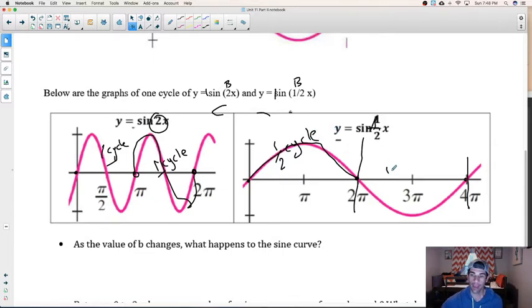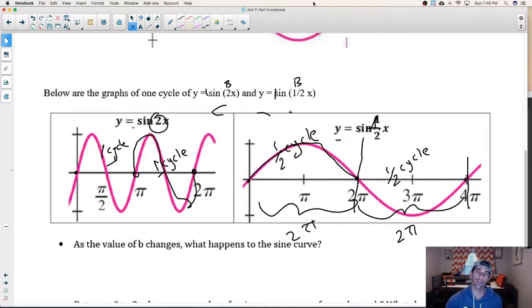The other half had to get completed by going another 2 pi. And that's why I got 4 pi there, and then here was another 2 pi. So that's our introduction to what that b value could represent for us.